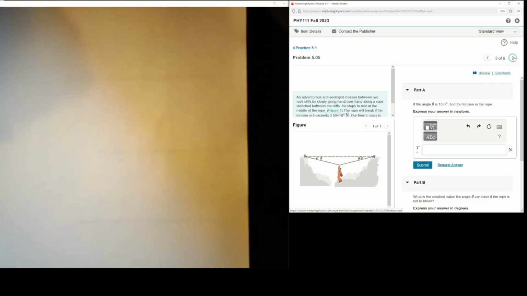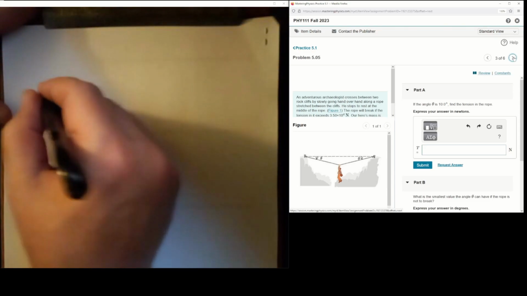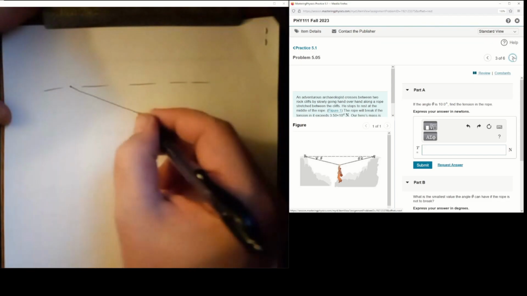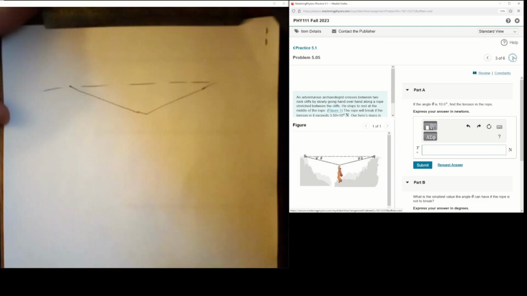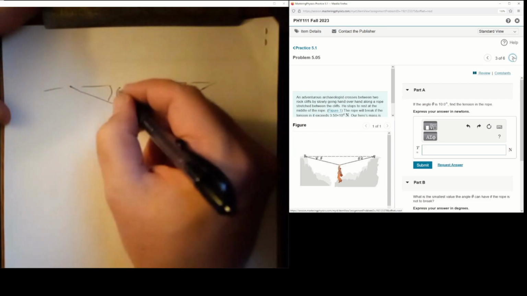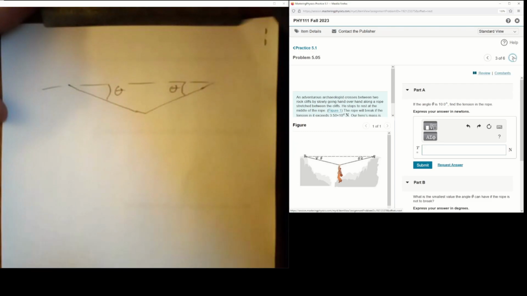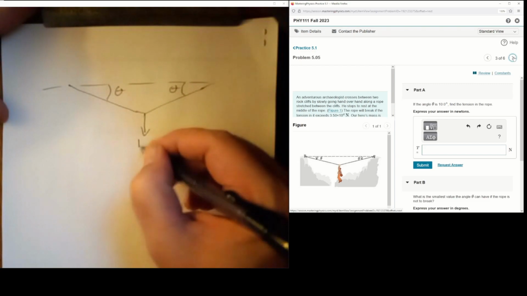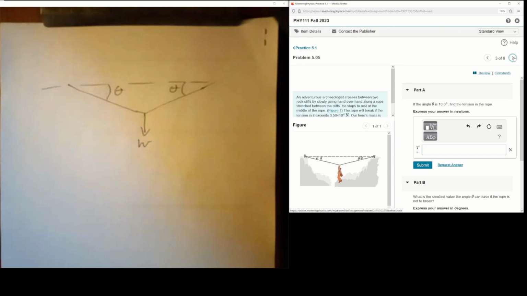So, an adventurous archaeologist, or perhaps Indiana Jones, and we've got this setup, and these angles are the same, and then we've got our weight hanging here, the person.